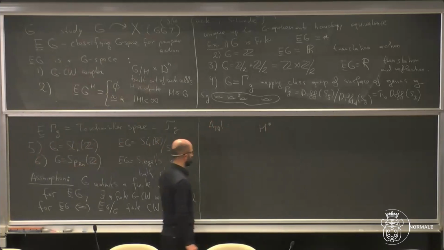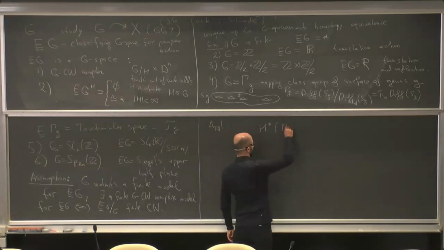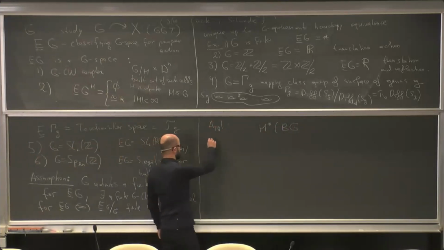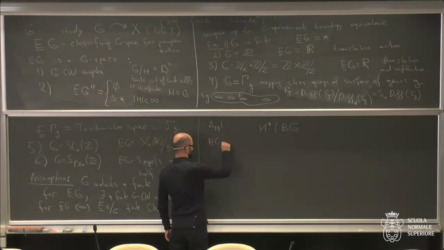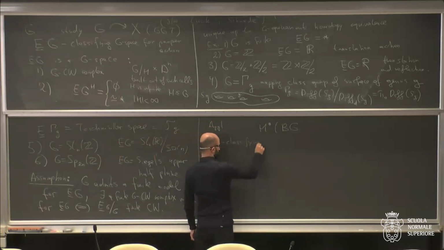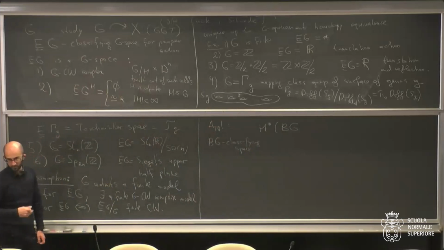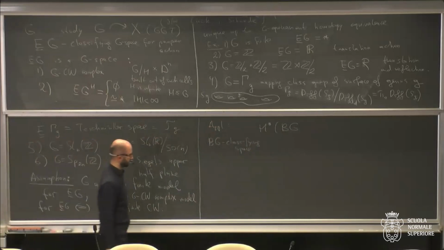So if you take the cohomology of a classifying space of a group G, so you take the cohomology of BG, where BG is the usual classifying space. Well, there are many ways to define this thing, and one of them is the classifying object for principal G-bundles, if you want. So it's classical topology.